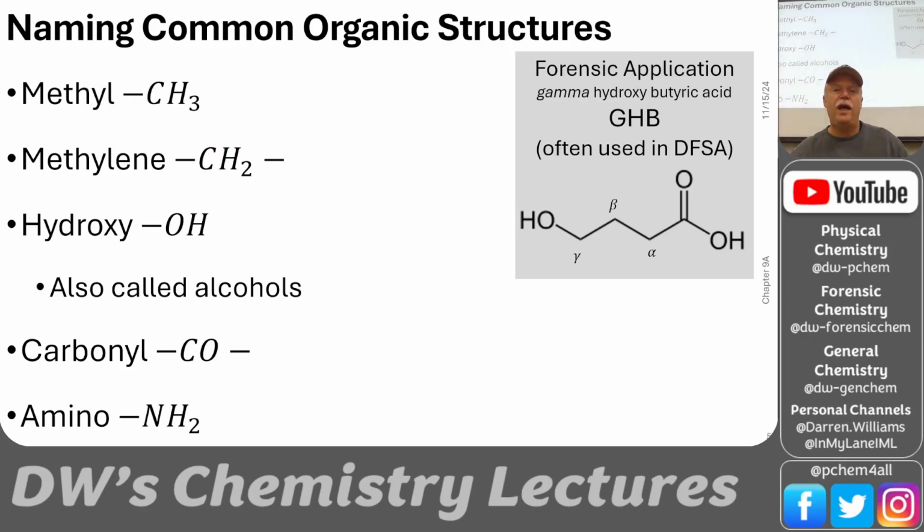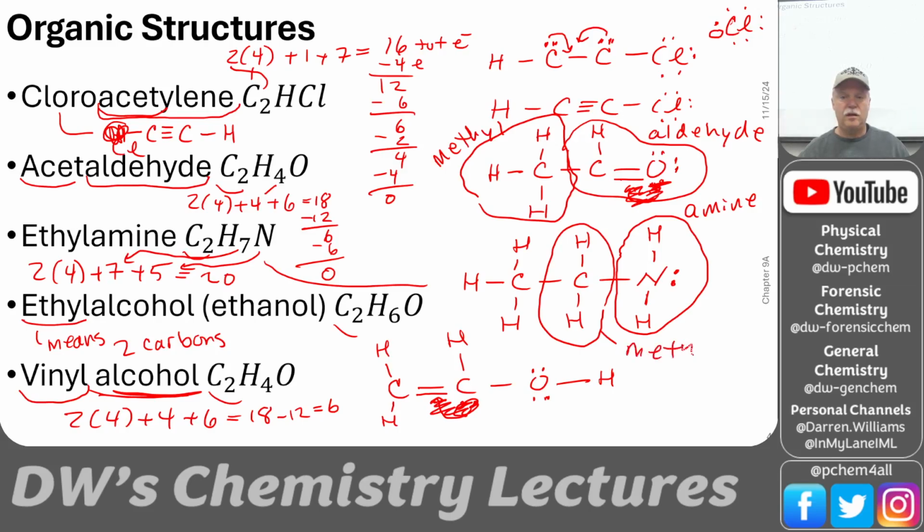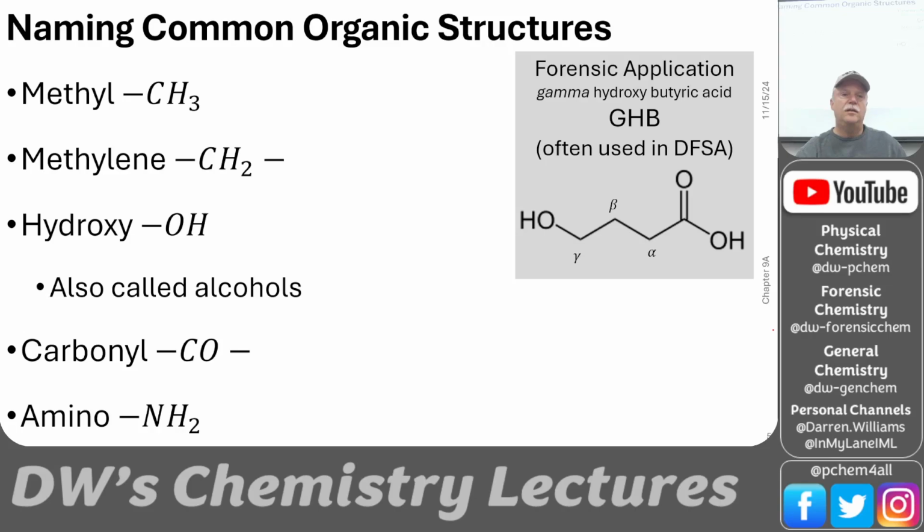Okay, so these are some common organic structure names. Already we had some of these in this molecule, like these right here, the CH3 piece. This is a methyl. See that CH3? Methyl. This is a CH2 piece. That's called a methylene. So we see these in molecules all the time.